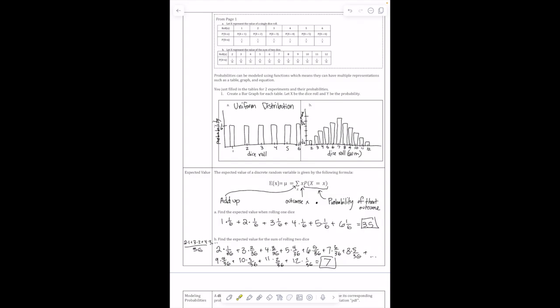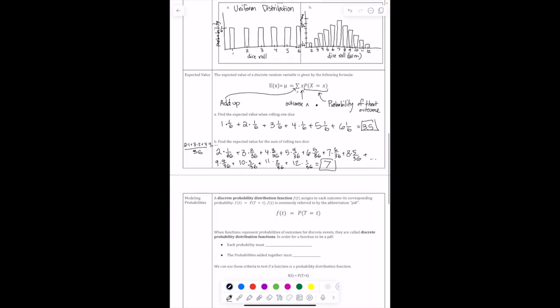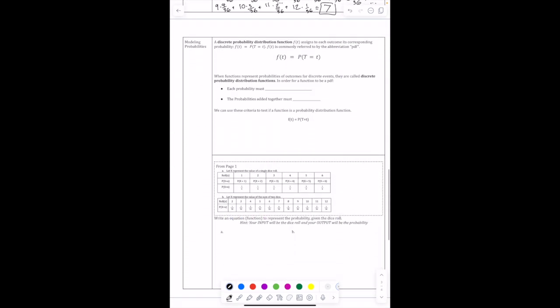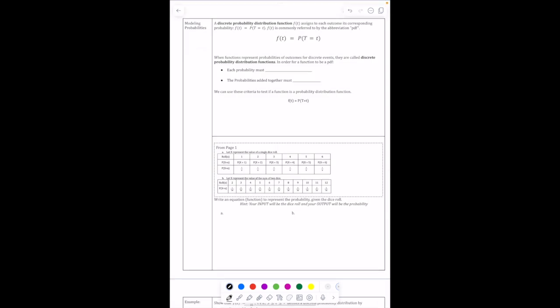All right, moving on. Okay, so discrete probability distribution functions.